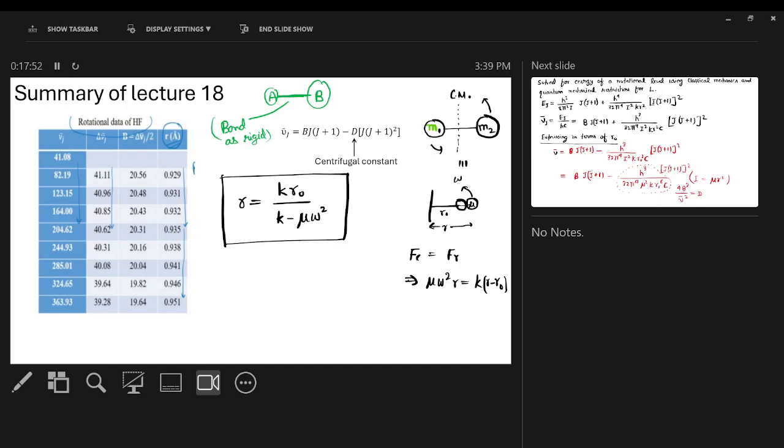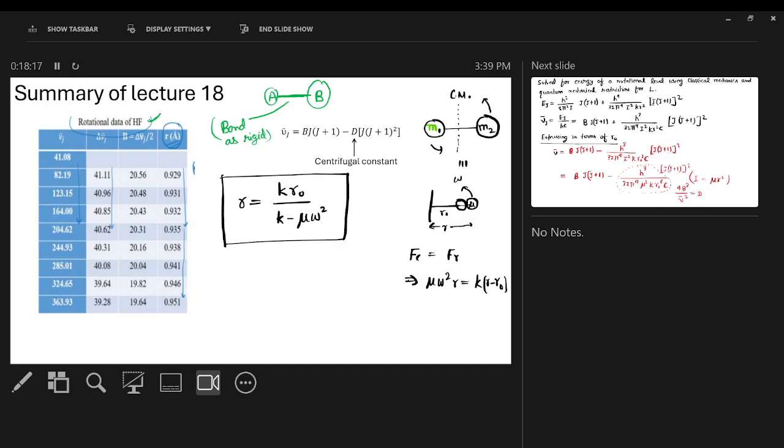But the question is, why does this bond have to be rigid? In the actual scenario, this bond is not rigid. To explain that, first let's see the rotational data of the HF molecule.